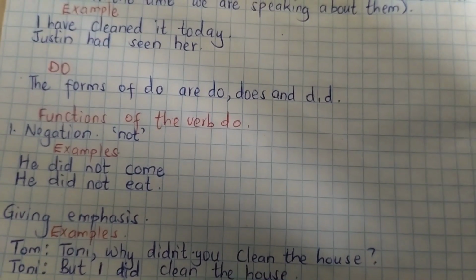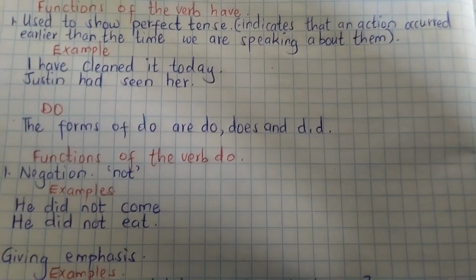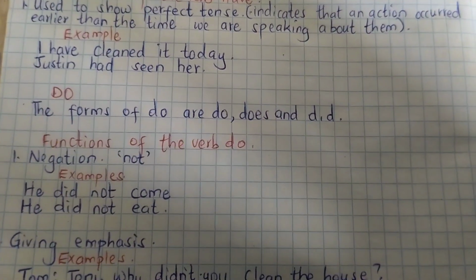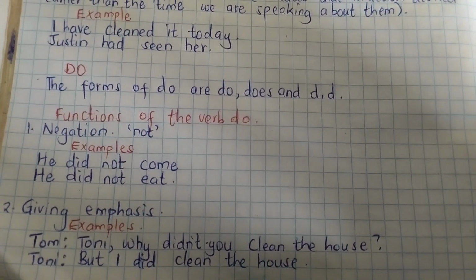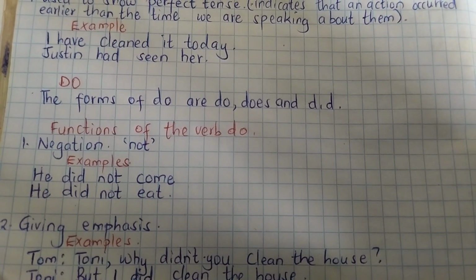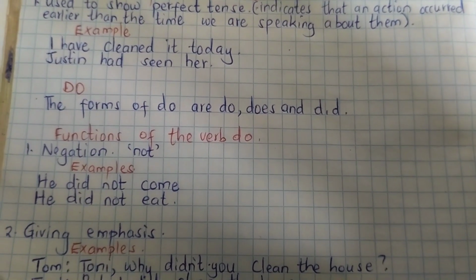The form of do: it has various forms: do itself, does, and did. The functions of the verb do are: number one, negation. Negation is when you put the word not in your sentences.